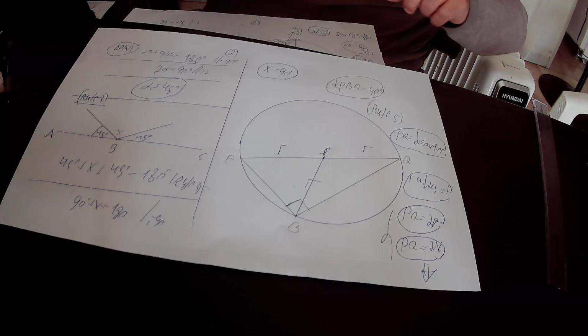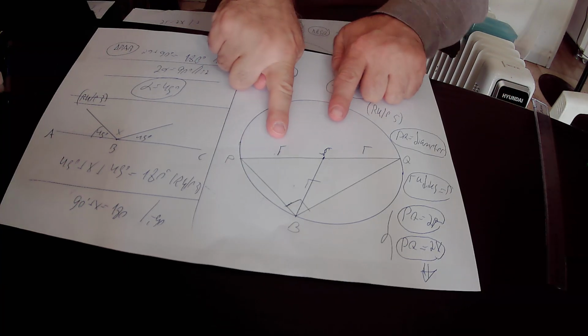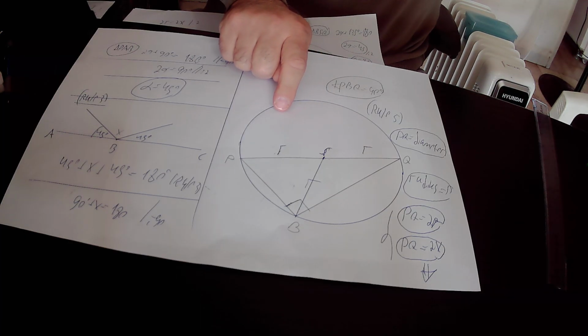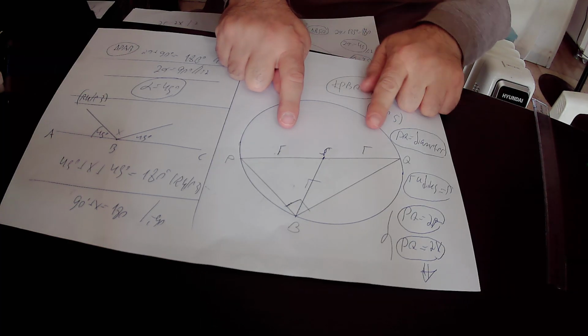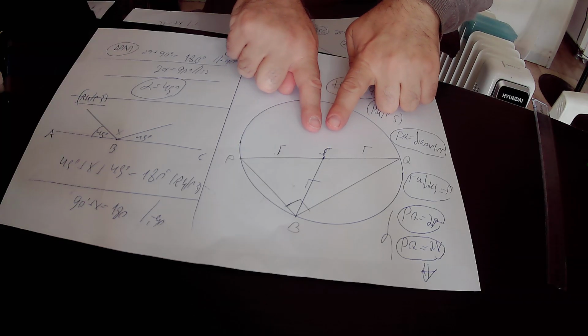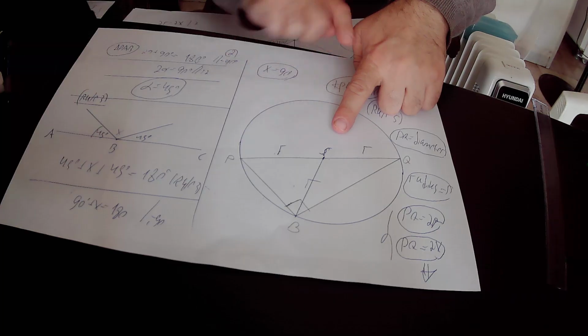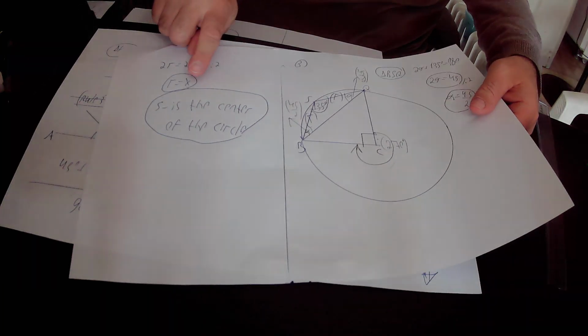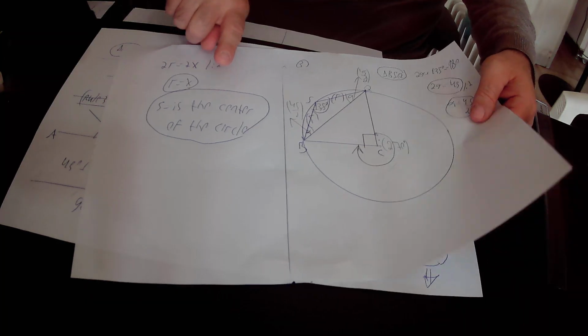We just found out that PS equals R and SQ equals R. So those two radii touch each other at point S, therefore point S must be the center of this circle. Okay, point S is the center of the circle.